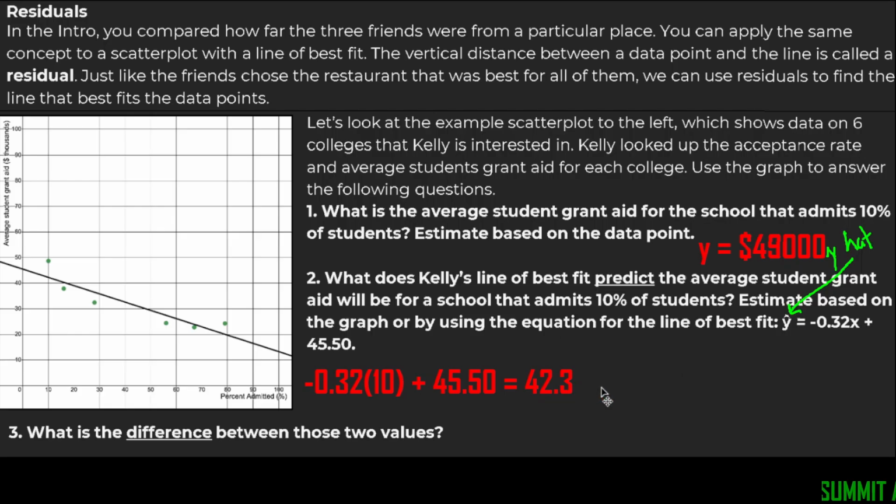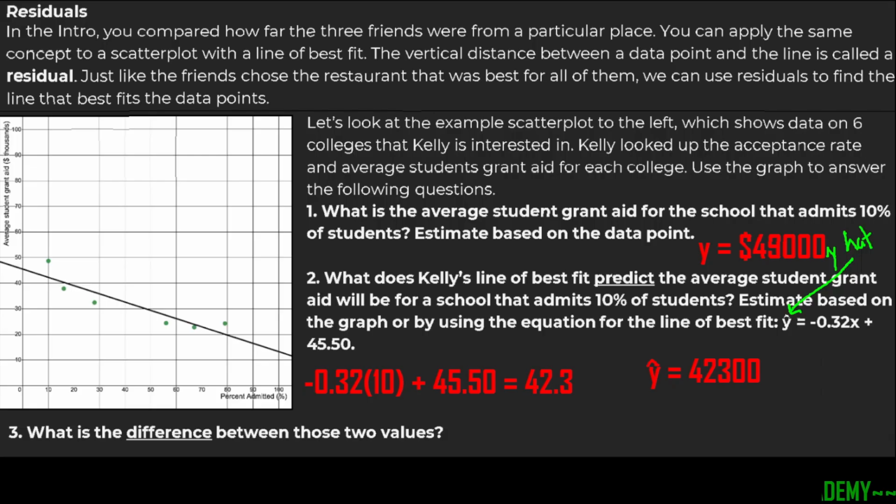But I have to remember, it's not $42.30. That is 42.3 thousand, which is the same as 42,300. So our prediction, and let me make sure it's a y hat, because that's the prediction amount, is going to be 42,300.